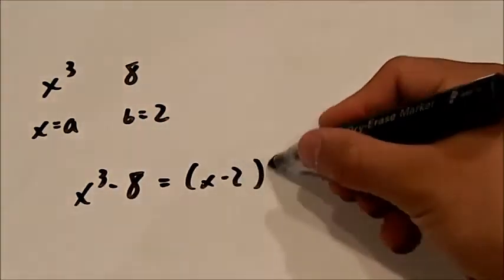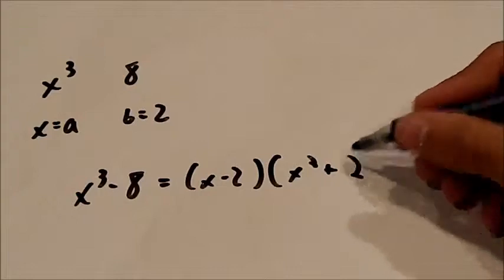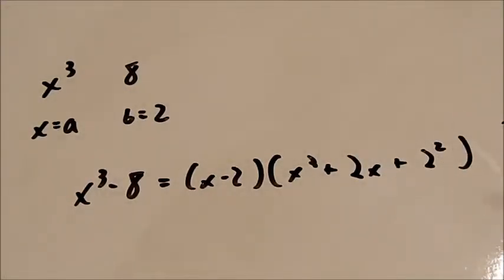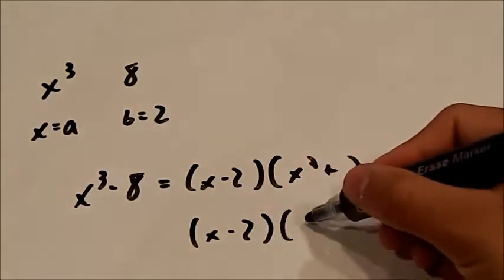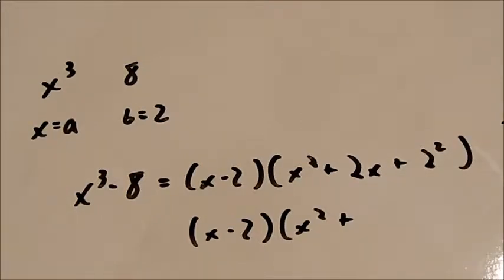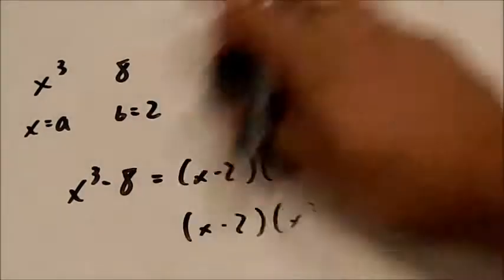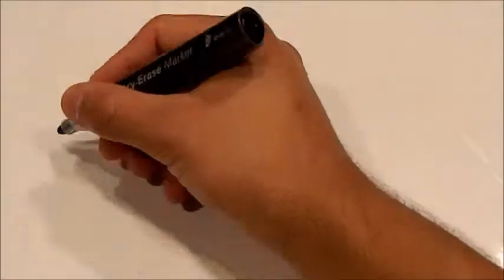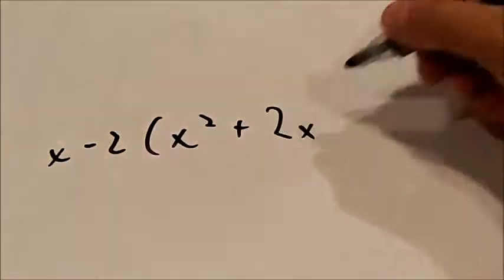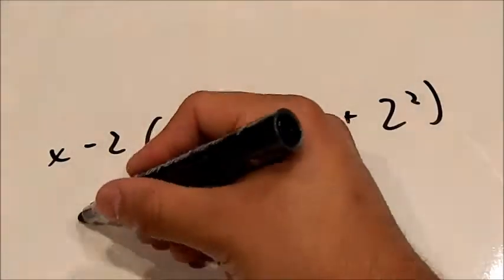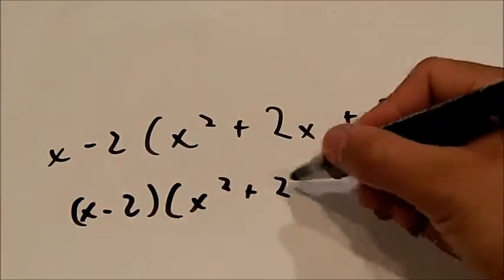The cube root of x cubed would be x, so that'll be our a value, and the cube root of 8 is 2, so that will be our b value. We will have x minus 2 times x squared plus 2x plus 2 squared. If we want to simplify this a little bit, we can write it as x minus 2 times x squared plus 2x plus 4.